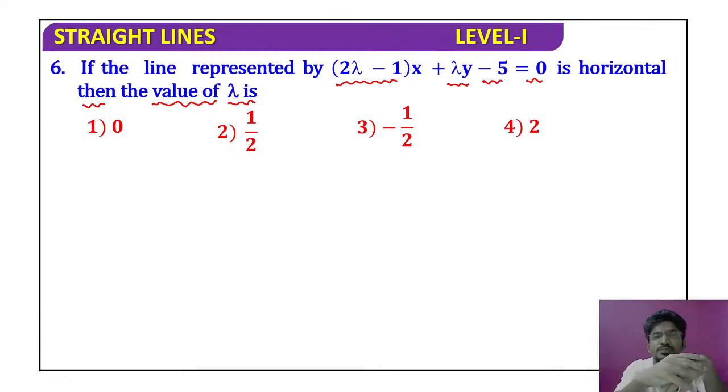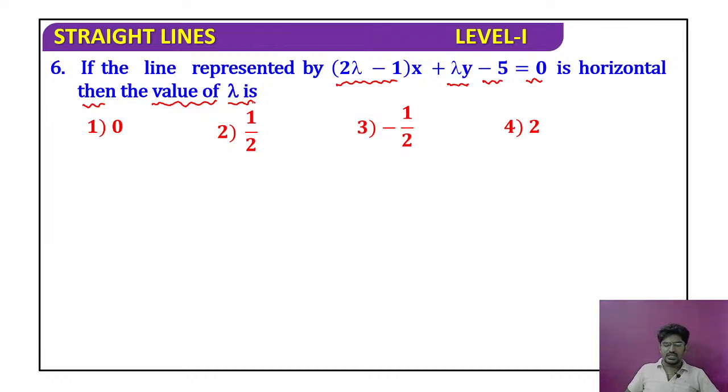So in the synopsis part, I have explained the slope of horizontal lines, and that is nothing but the slope of lines parallel to the x-axis. If you know that, here you need not solve the problem. Directly you can write the answer. If anyone remembers that, directly tell me the answer.